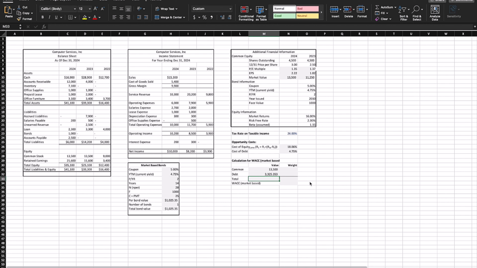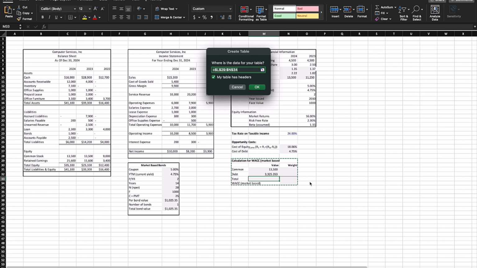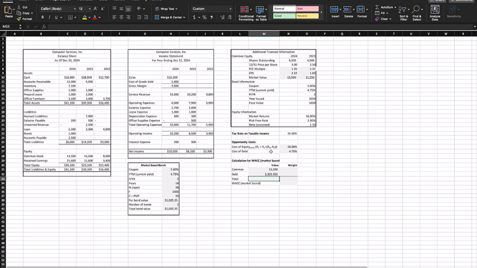So if we sum these together, so this one plus this one, we get that. So $1,600 and $825. So $1,825.